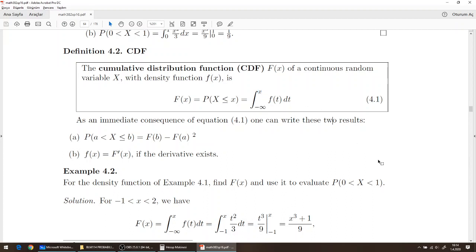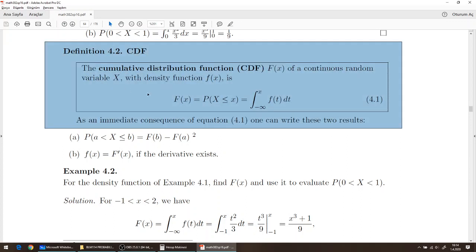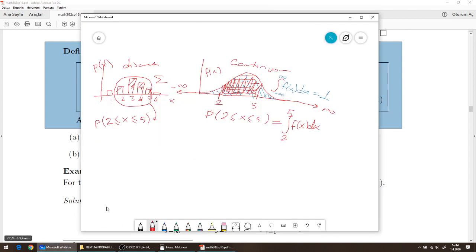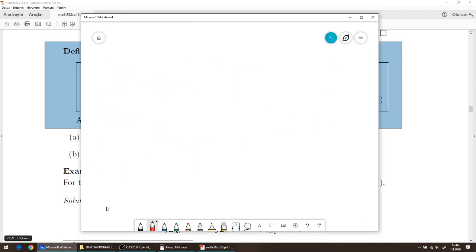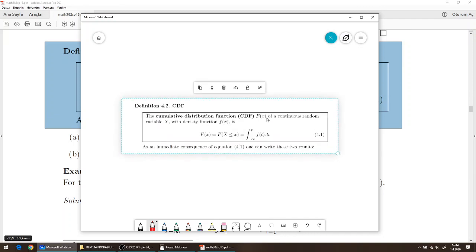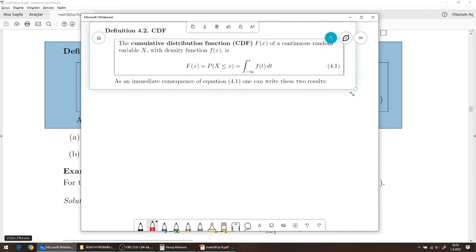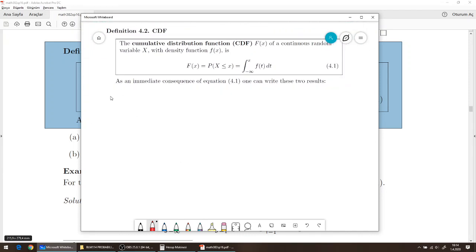Why? Let's show it. Assume that this is your probability distribution function.